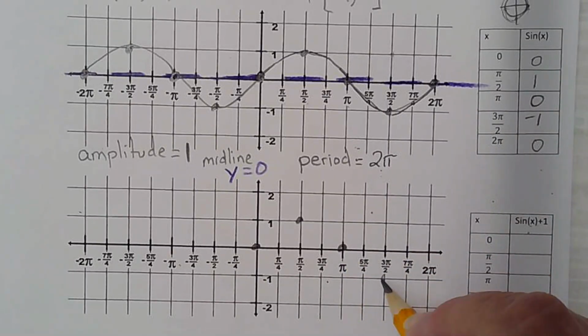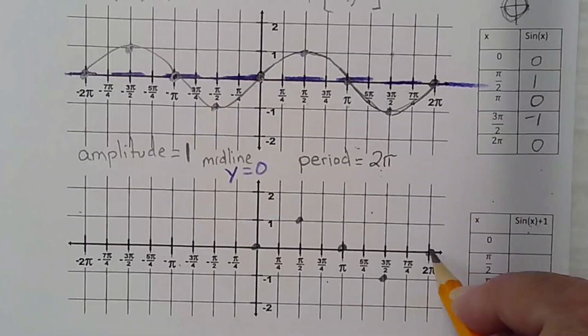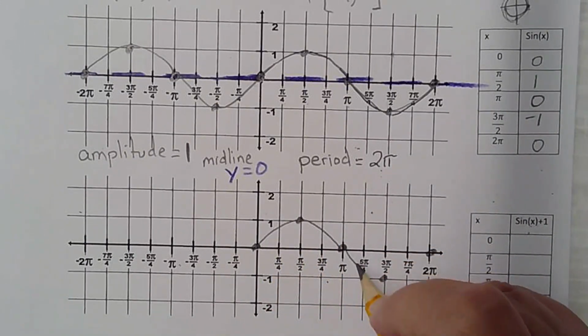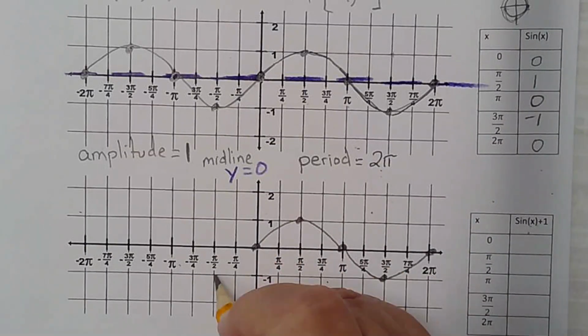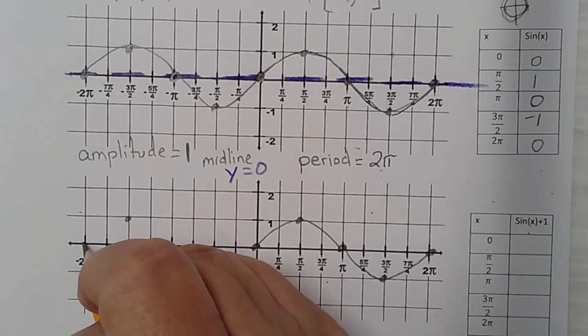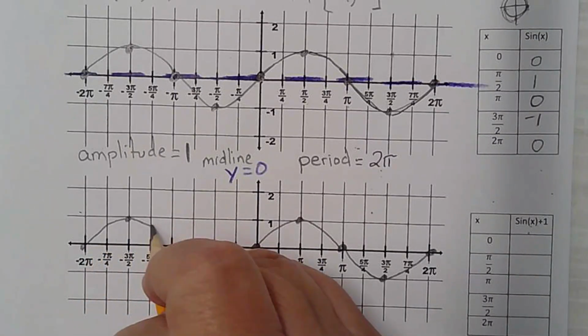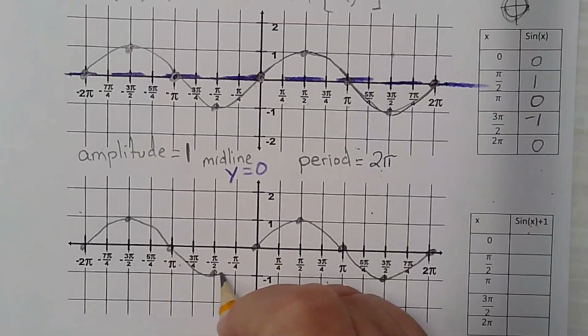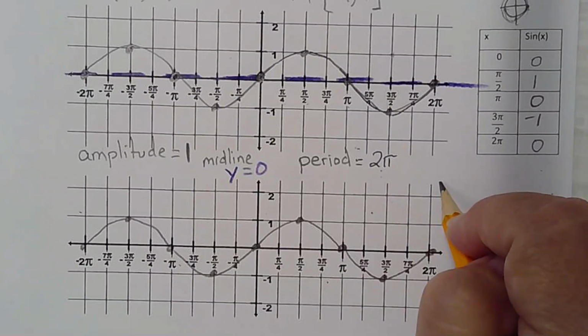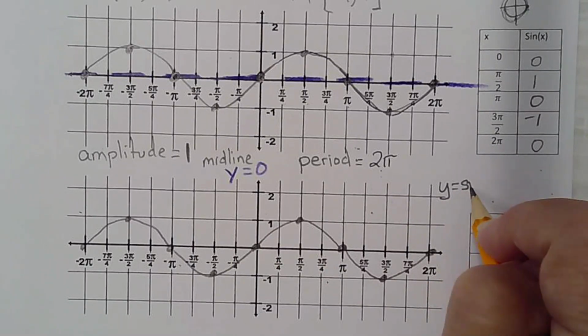At 3 pi over 2, it goes to negative 1. And at 2 pi, it goes back to 0. It makes a hill and a valley, and then it does the same thing on the other side. That's the parent function, and I'm going to label it y equals sine of x.